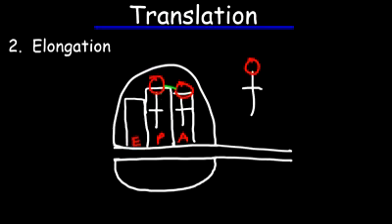Now, as the process continues, the tRNA molecule in the P site will move to the E site. And as it does so, it's going to lose an amino acid. And so what's going to happen is we're going to have a growing chain of amino acids that will extend out of the ribosome.